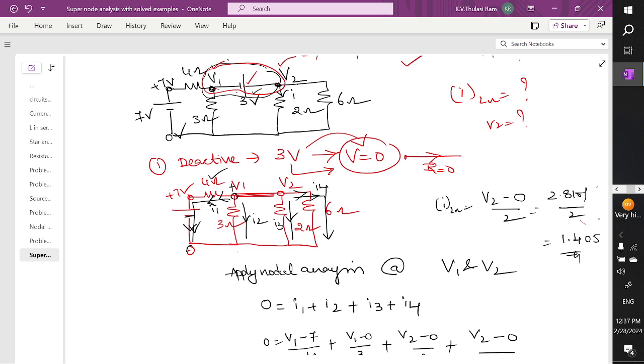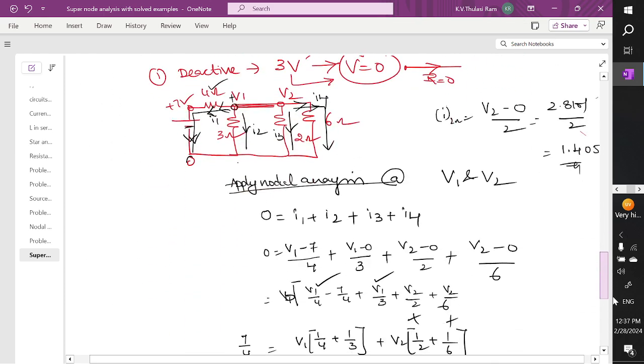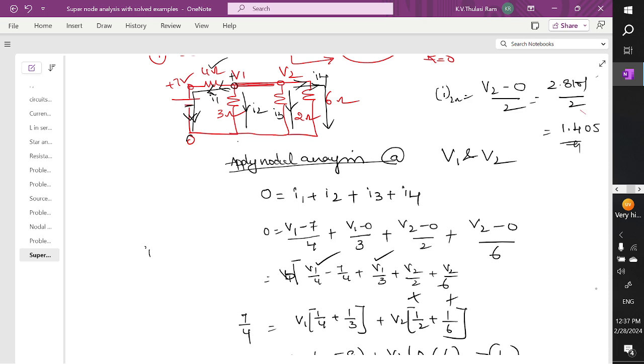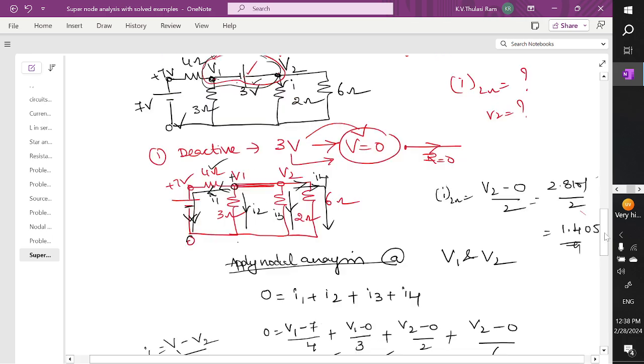I'm repeating the problem for more clarity. So all the current will travel I1, and this current is I2, and this current is I3, and this current is I4. So we are going to apply the nodal analysis at V1 and V2 and express all these voltages in the form of current I equal to high potential minus low potential divided by R, or in the form of V by R. Then we can get one equation.